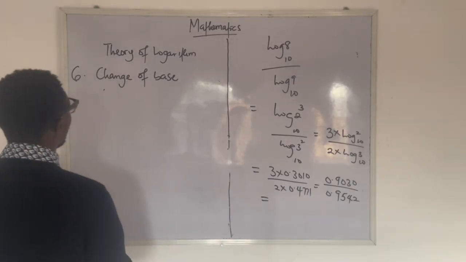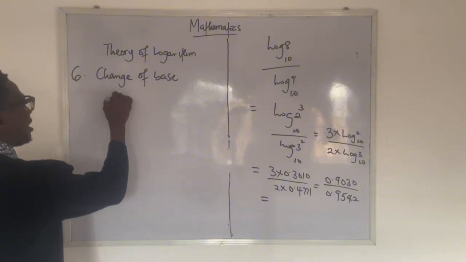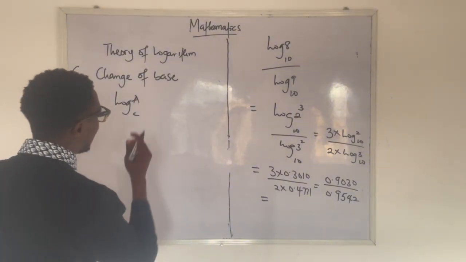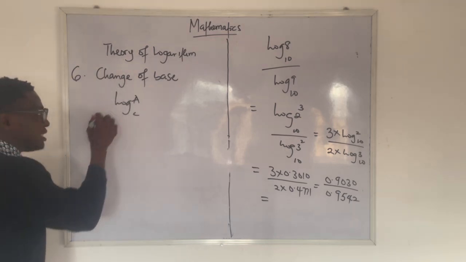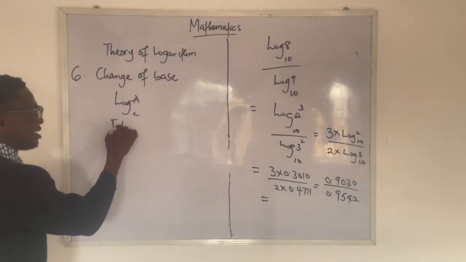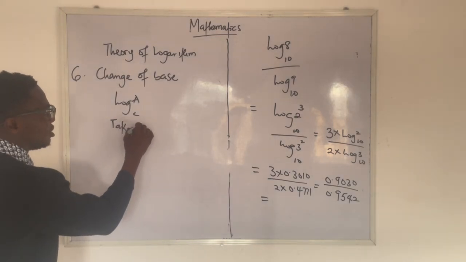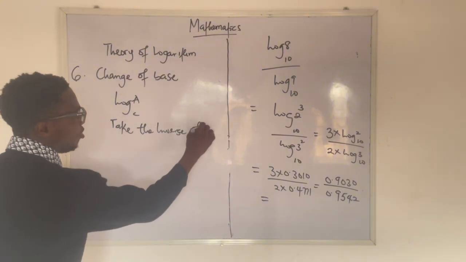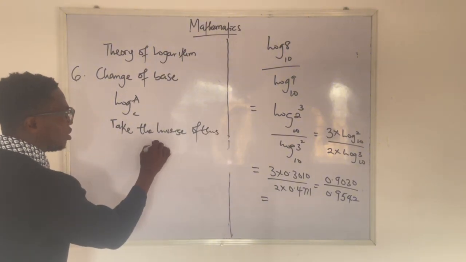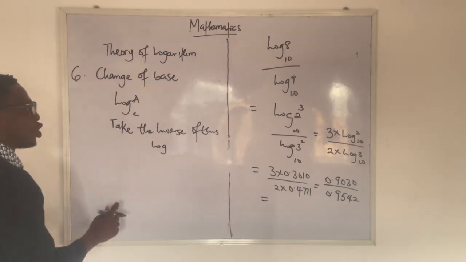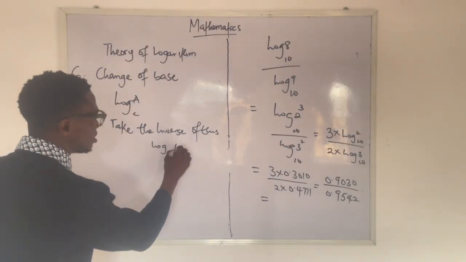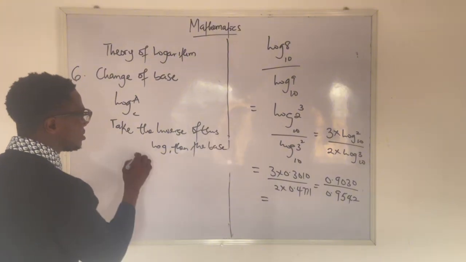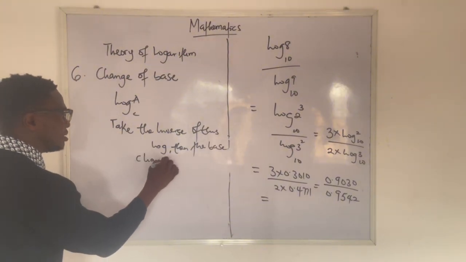Okay, now let's say I have that same log A base C. Now, if I take the inverse of this log, then the base changes automatically.